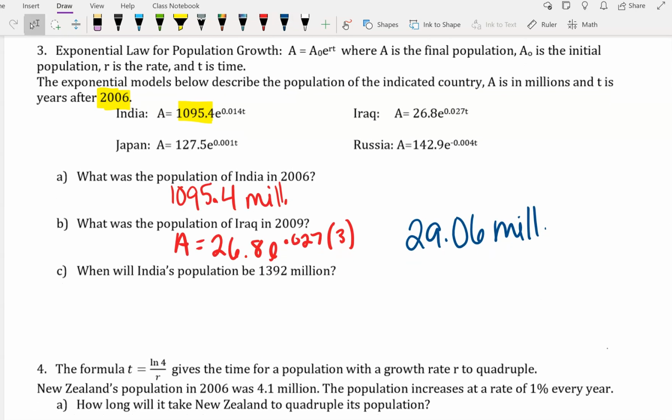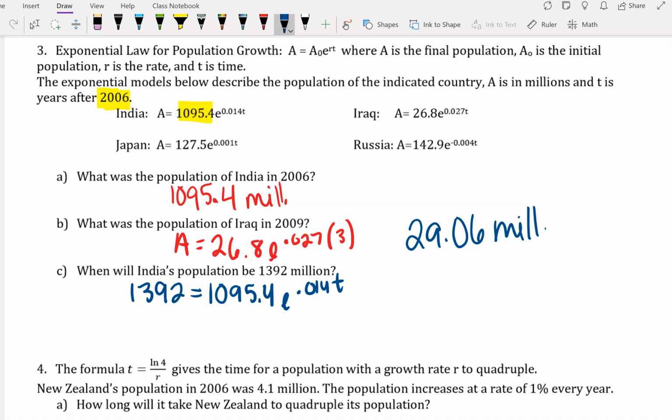All right, and then when will India's population be 1392 million? So this one will involve logs to solve, because we need to solve for t, which is up in the exponent. So 1392 is what we put in front, because that's what we want the population to be. And then we plug into the formula for India, so that's going to be 1095.4 times e to the 0.014 t.